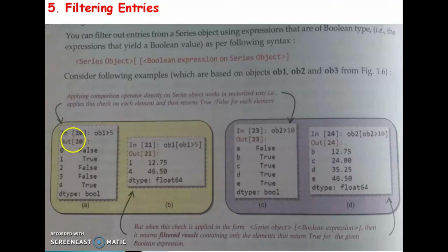That is, it applies this check on each element: 0th index, first index, second index, third index and fourth index, and then returns true or false for each element. Clear? Here also we applied this comparison operator, OB2 greater than 10.